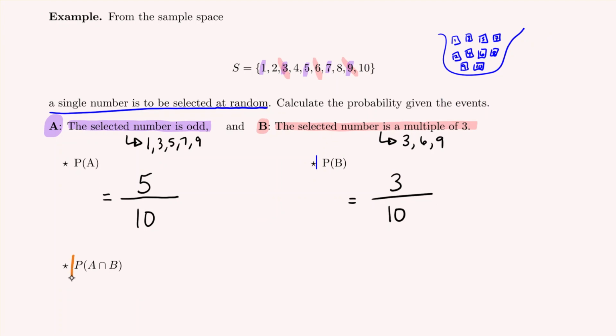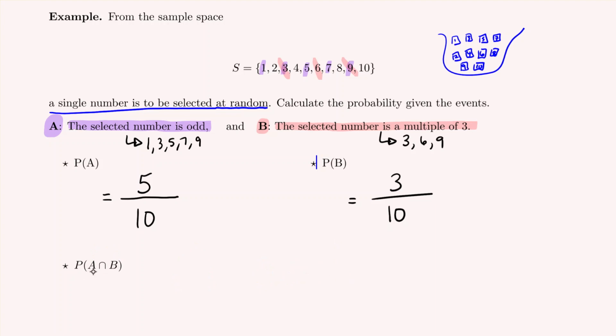So next up, take a moment to read this notation. How would you describe it in words? It is the probability that A intersect B occurs, and we know the intersect symbol is the same as the "and" symbol. So we would read this as the probability that A and B occur.